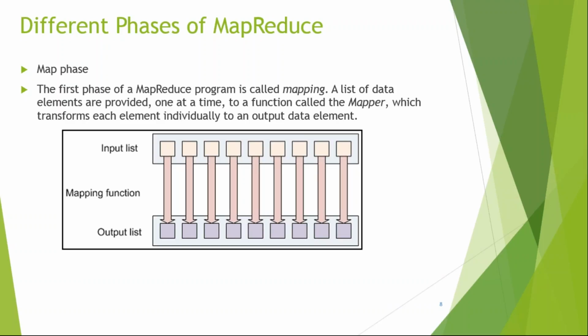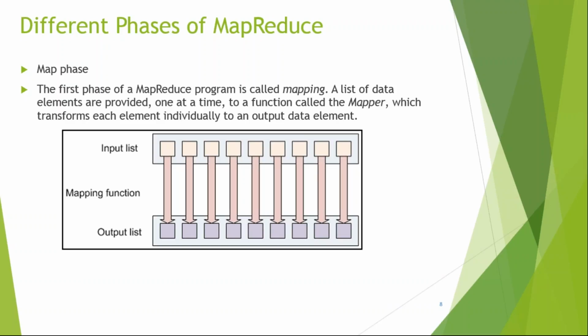Every data node will give some output. It may or may not give an output, because based on the logic, suppose I have said if something is available, do something. If it is not available, it will not give any output. But in most cases, each and every input will give some output.